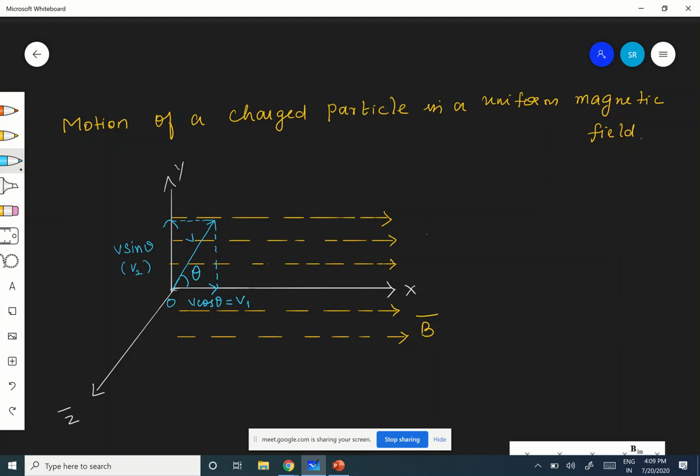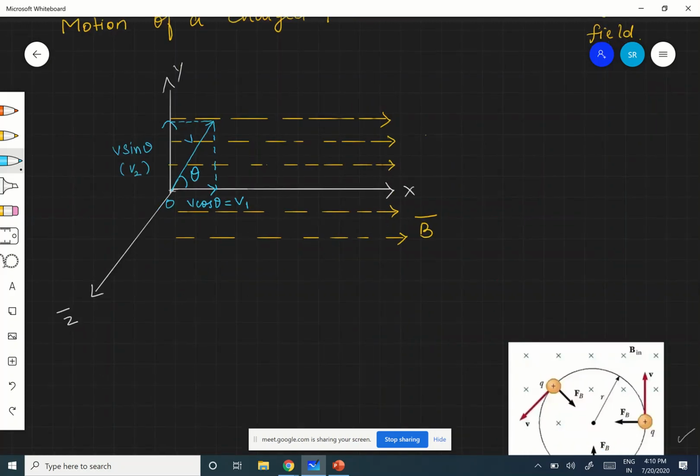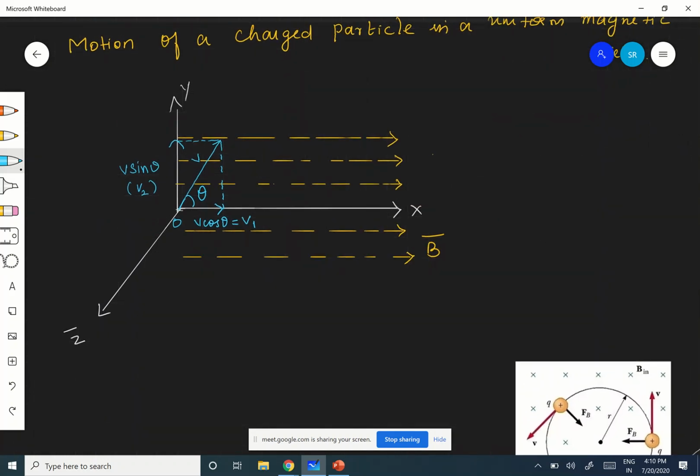Now listen. As it is entering into the magnetic field with the velocity V, it has motion in both directions, because it is covering both the vertical distance as well as the horizontal distance. It has both components of velocity, vertical as well as horizontal.